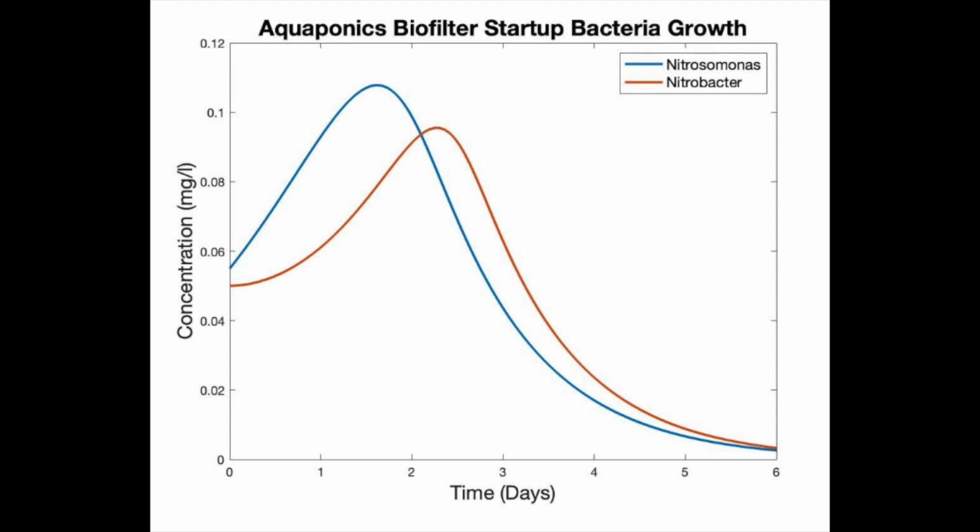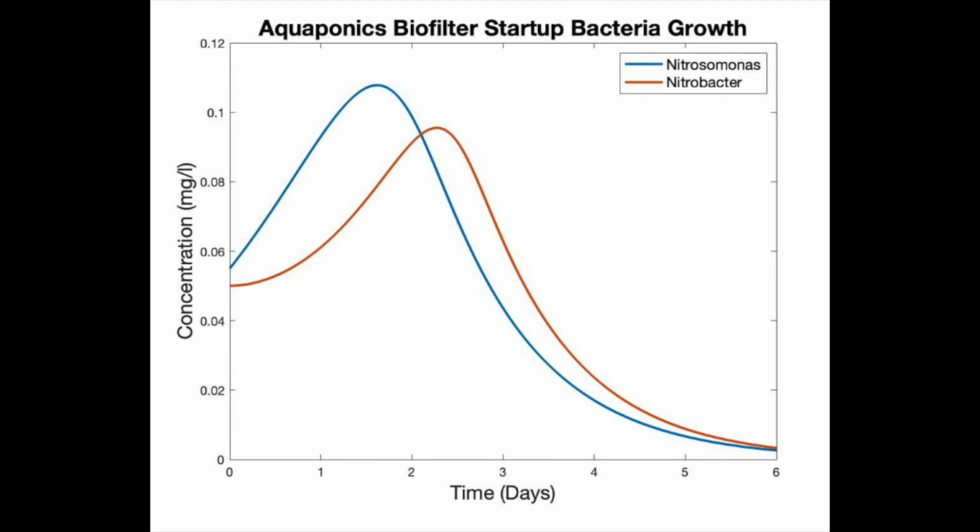Nitrobacter increases more slowly and reaches its maximum of 0.09 milligrams per liter around the third day.